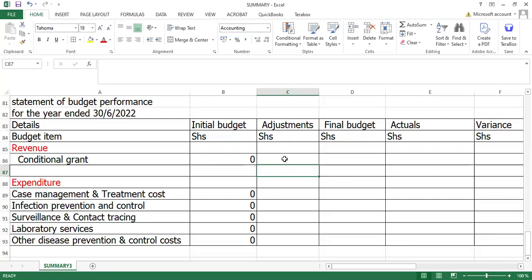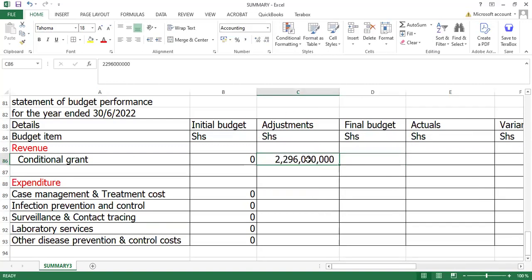You guys are still listening to me. You received 2296. This is the money we received. What about in terms of the budget? Out of what we received, we made allocation. So that is the budget you're making now.